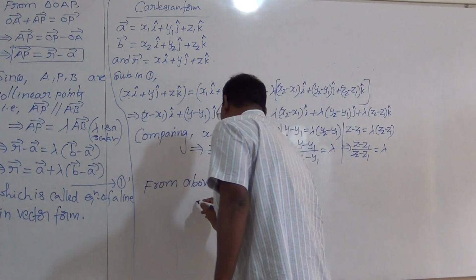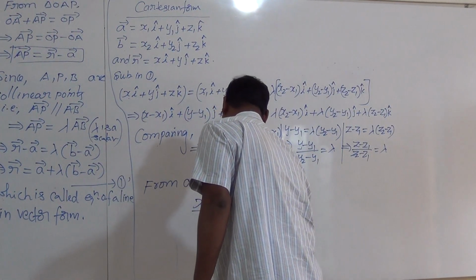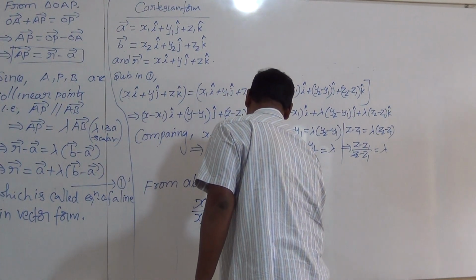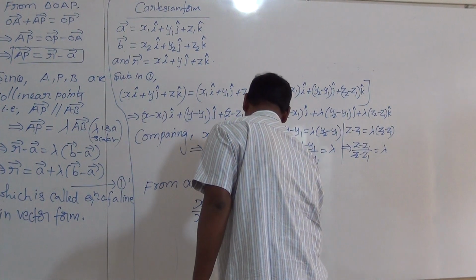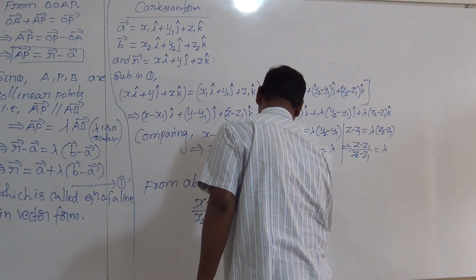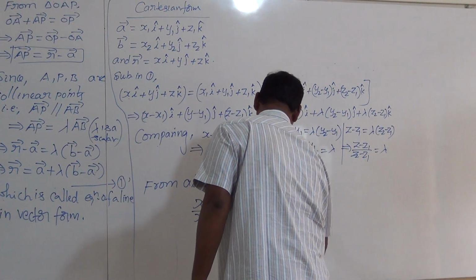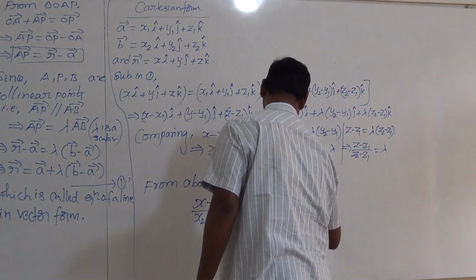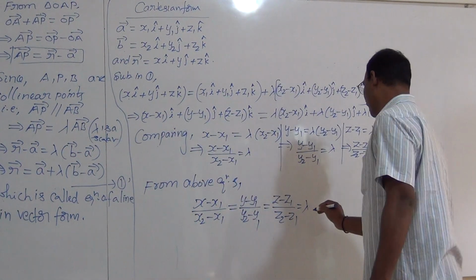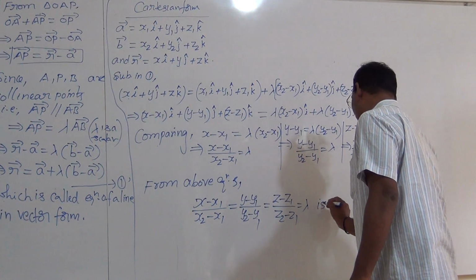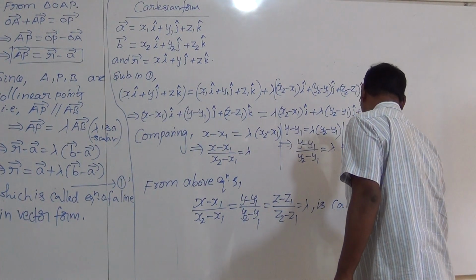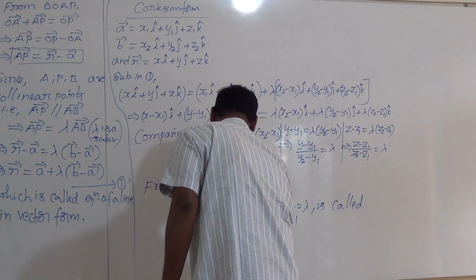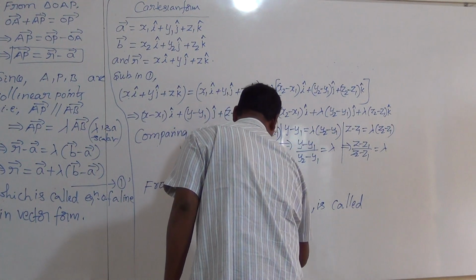So we can write x minus x1 divided by x2 minus x1 is equal to y minus y1 divided by y2 minus y1 is equal to z minus z1 divided by z2 minus z1, which is equal to lambda. This is called the equation of a line in Cartesian form.